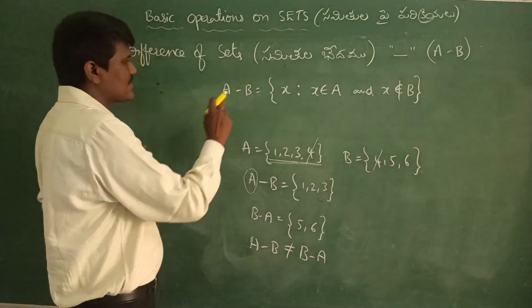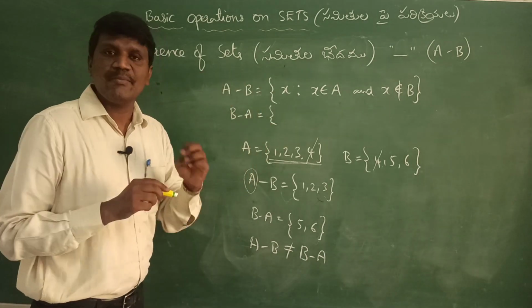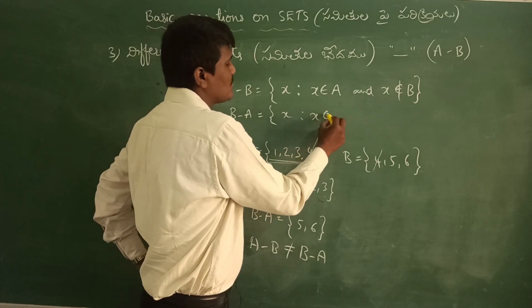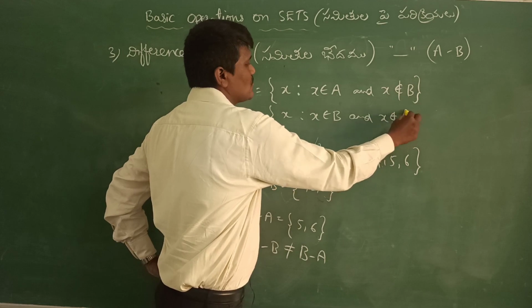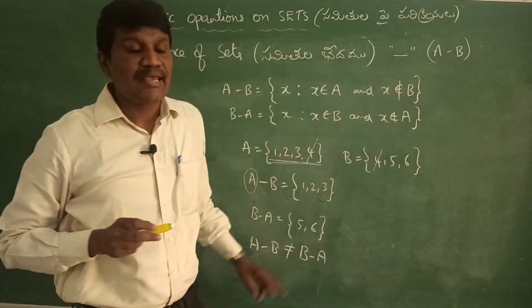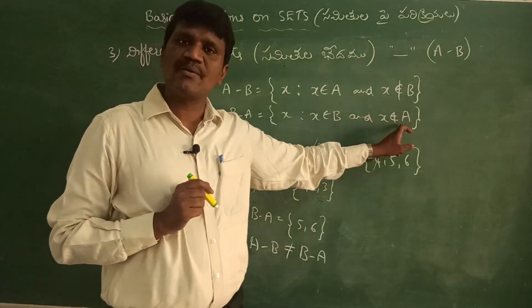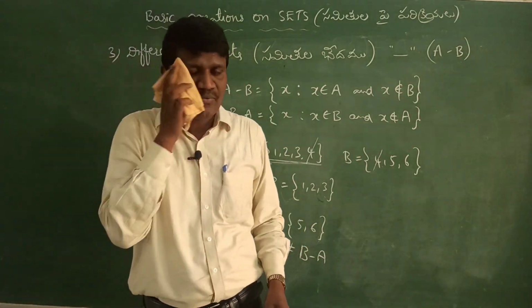Now let us see the set builder form of B minus A. What will B minus A be? Same: x such that x belongs to B and x does not belong to A. B minus A is nothing but x belongs to B and x does not belong to A. So this is the difference of two sets.